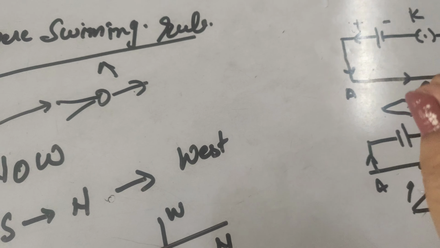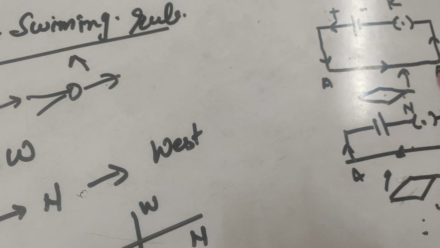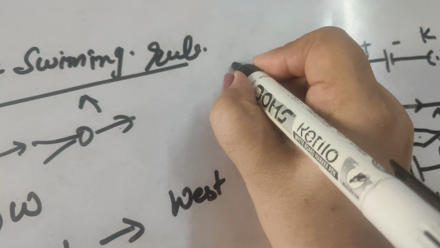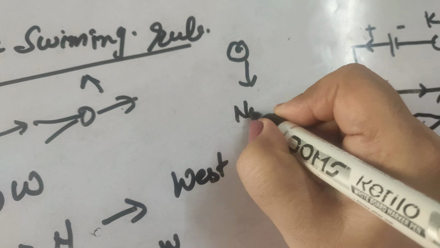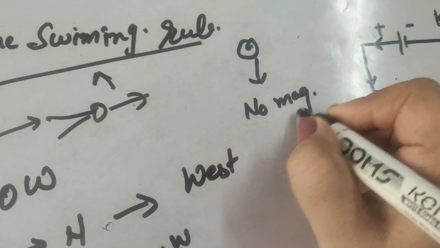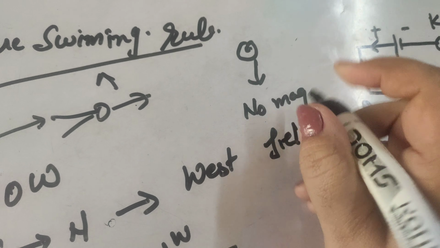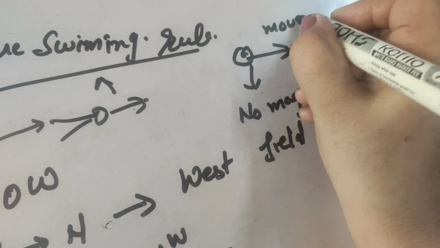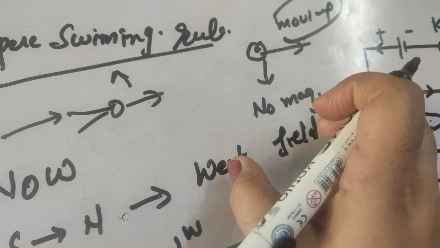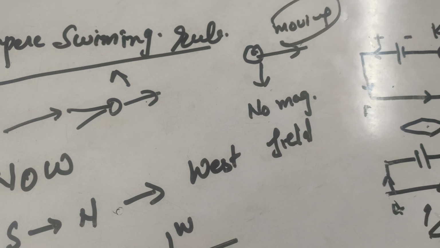And one more fact which is clear from this is that if the charge is stationary, in that case there is no magnetic field, right? But if the charge is moving, in that case only the magnetic field is experienced.